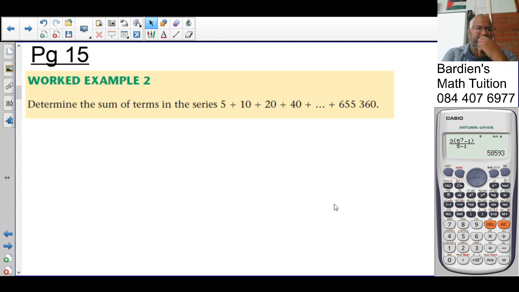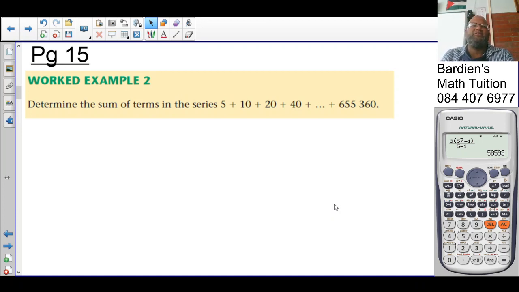Okay. What type of series is this? Arithmetic or geometric? What makes this geometric? There's a common ratio. So what's my common ratio value? My R value? 2. There was 10 over 5, or 20 over 10, or 40 over 20.